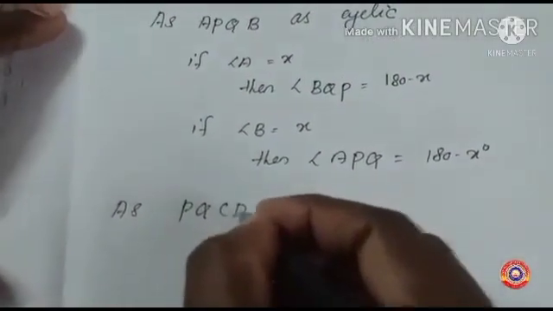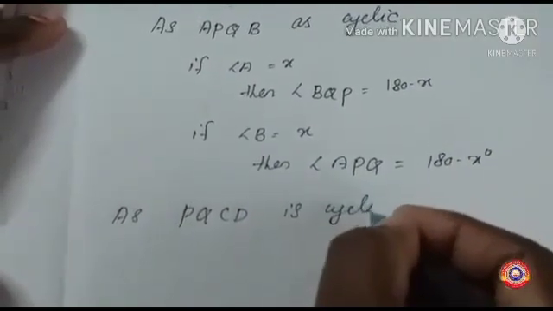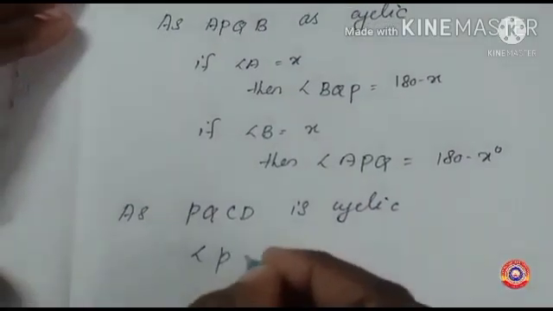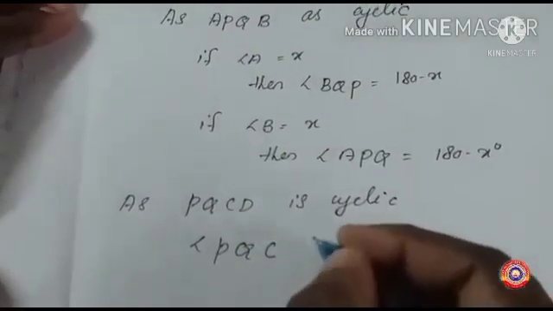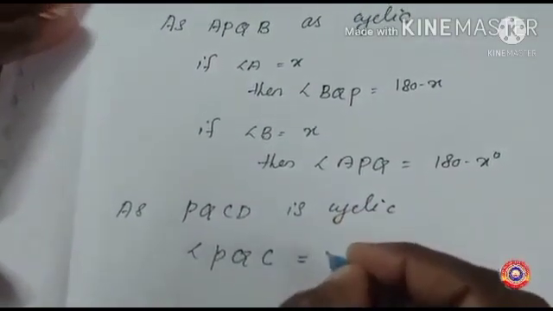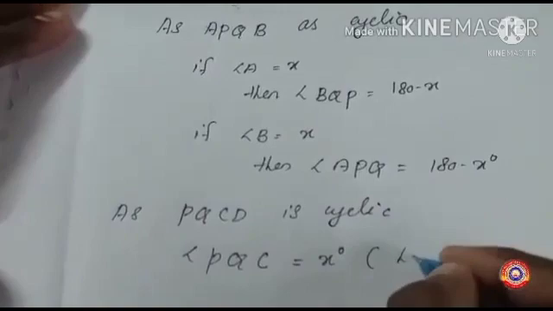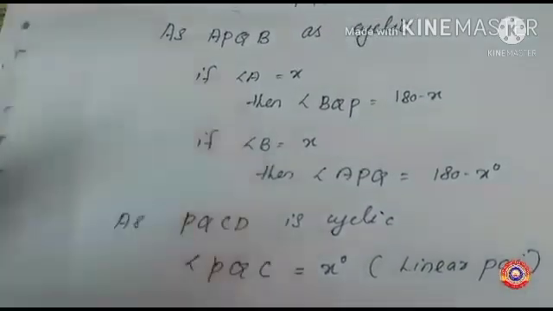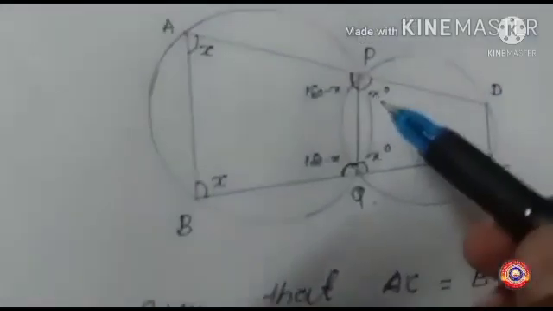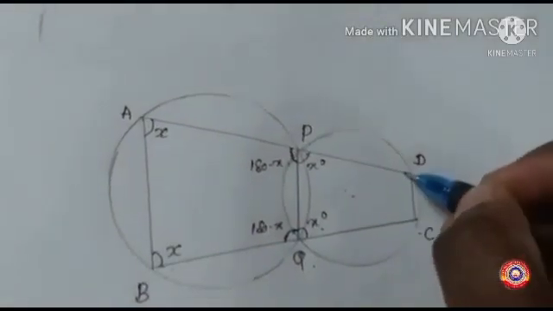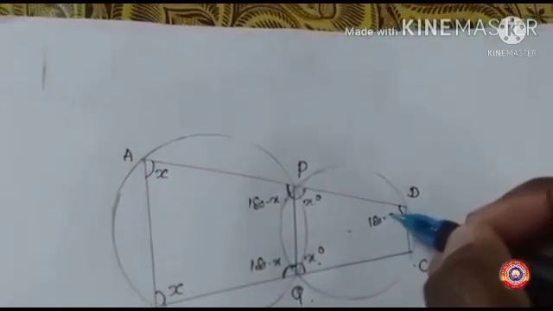As the quadrilateral PQCD is cyclic, angle PQC equals x degrees because of the linear pair.